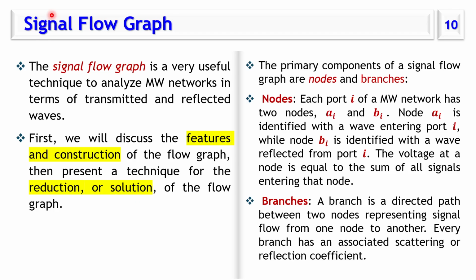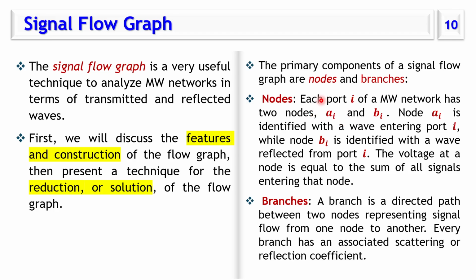So a signal flow graph is composed of just two types of elements, either nodes or branches. The node is a representation for the input and output power at each port. Each port in the signal flow graph, and here we're talking about an electrical port, is defined by two nodes.